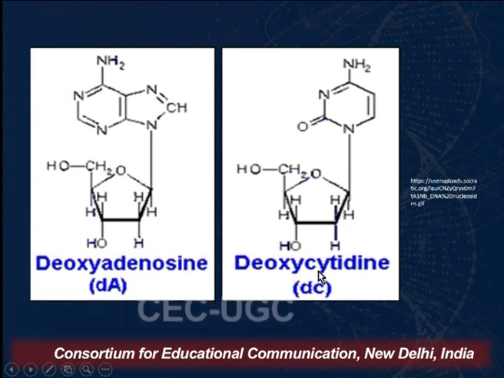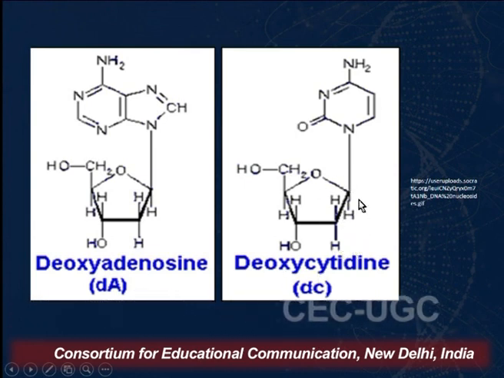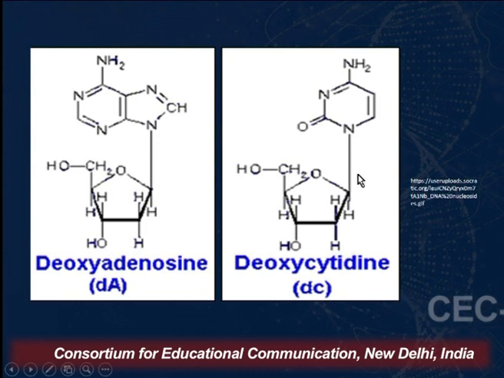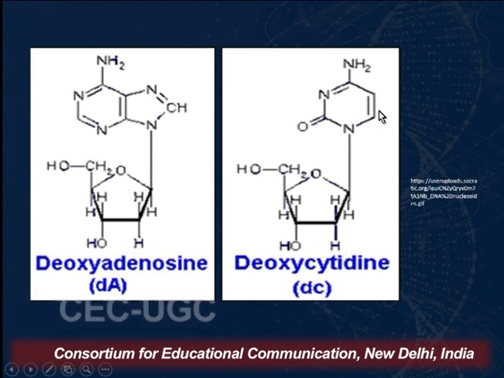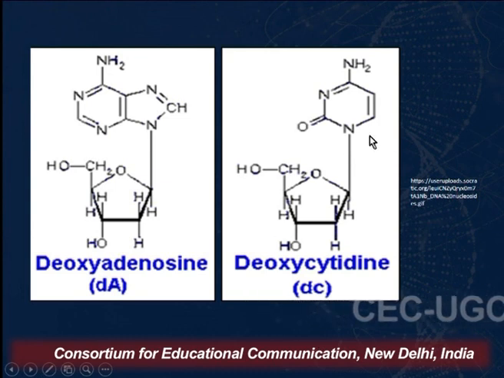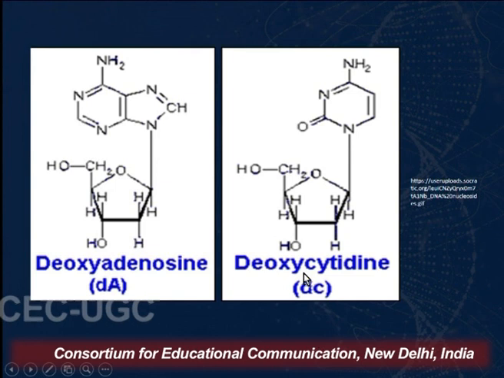Similar is the case with deoxycytidine. In this case, the sugar is deoxyribose sugar, which is indicated by D, and C is indicating that the base present here is cytosine, and the nucleoside is named deoxycytidine.